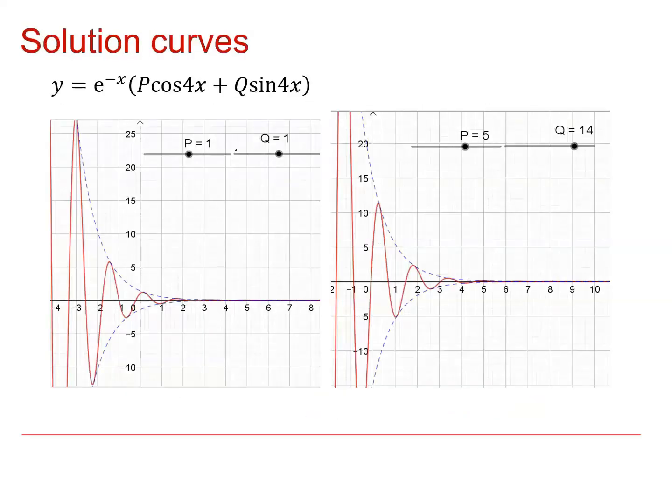Okay, so there's a plot of that function. Two different sets of values for P and Q, 1 and 1 here and 5 and 14 here. Very similar looking plots. And on the previous slide I suggested that actually this could be written as y is equal to R e to the minus x sine(4x plus alpha).